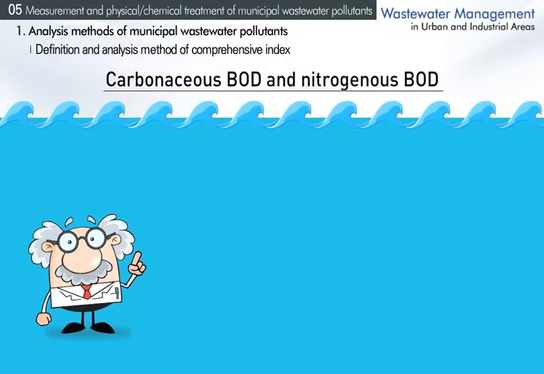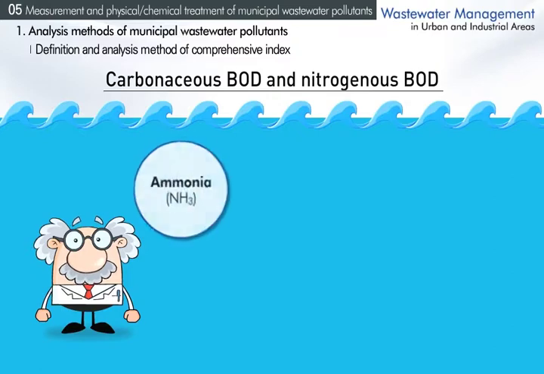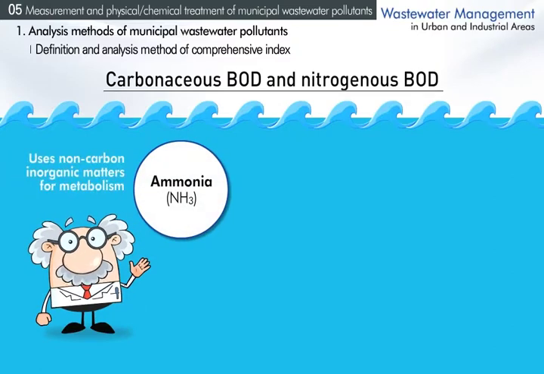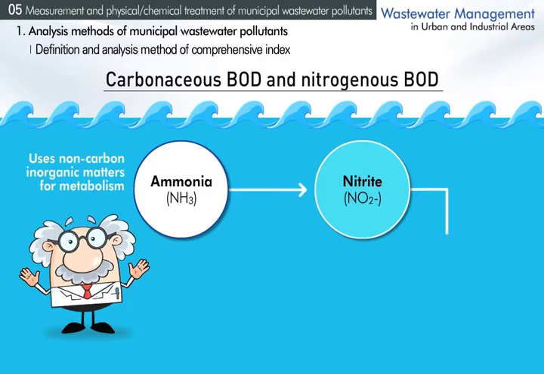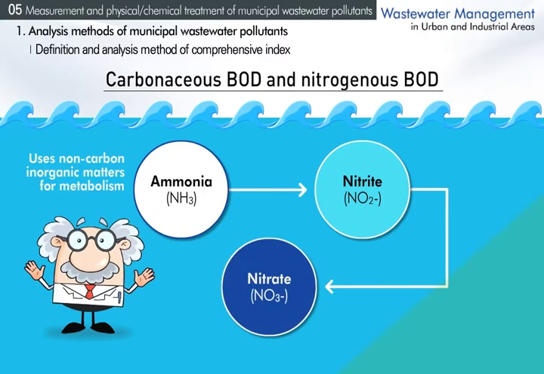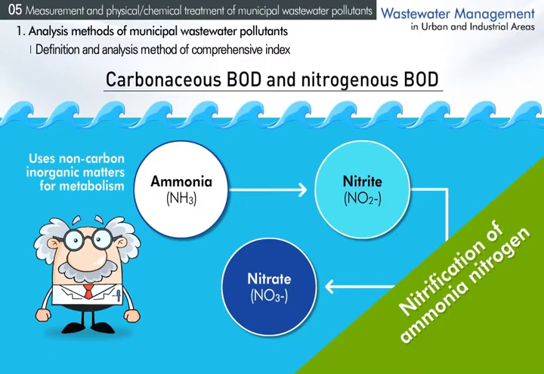However, some microorganisms use non-carbon inorganic matters, such as ammonia, in wastewater for metabolism. Ammonia nitrogen is converted into nitrite by such microbial action, and nitrite is converted into nitrate. This is called the nitrification of ammonia nitrogen.